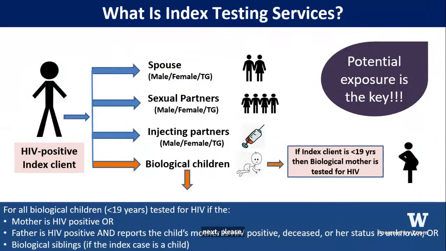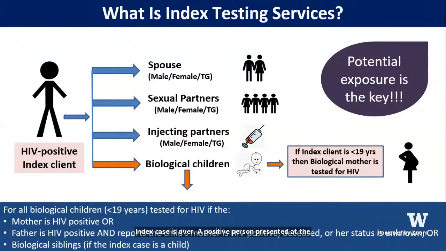So I will briefly touch base on what index testing is. It's basically offering HIV testing to the partners or the biological children of the index case. The index case is our HIV positive person presenting at the facility.